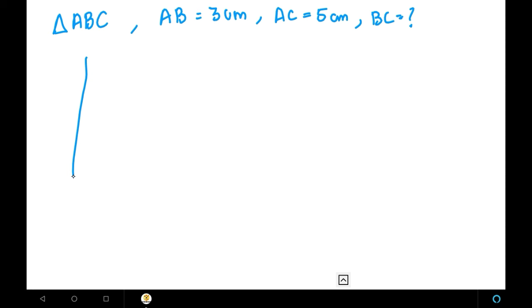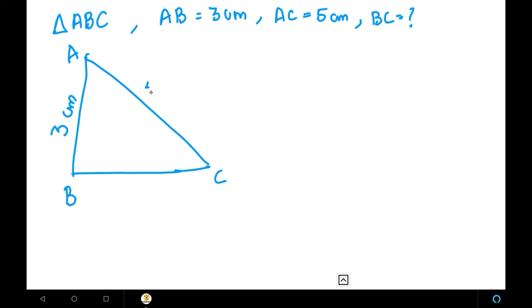We have only learned formula for finding hypotenuse. So let us take the same right angle triangle ABC. In this they have given that AB is 3 centimeters. They have given hypotenuse 5 centimeters and they are asking us to find BC.